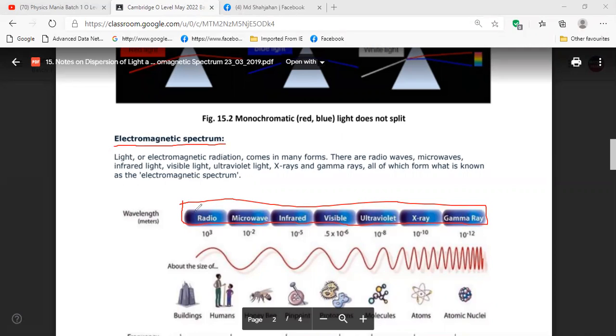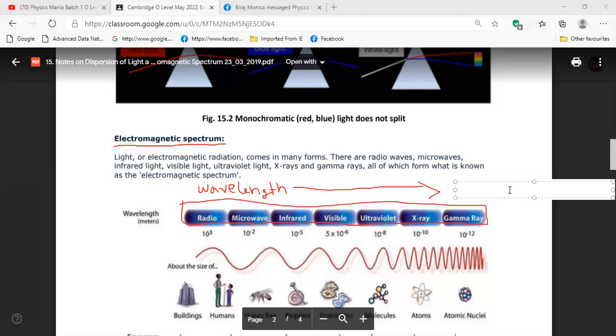After this, you write only this name, and after writing this name, you write here wavelength. Here you write decreases.